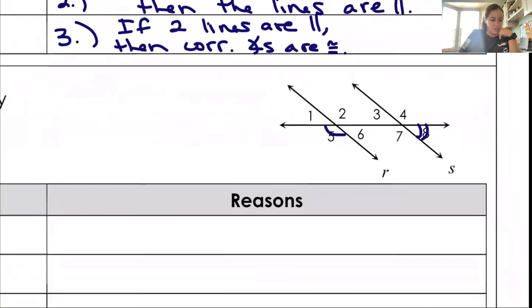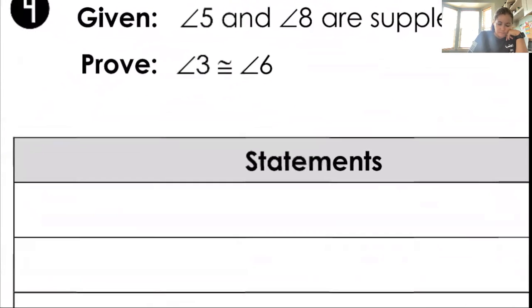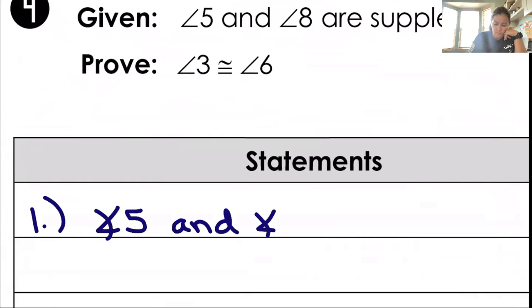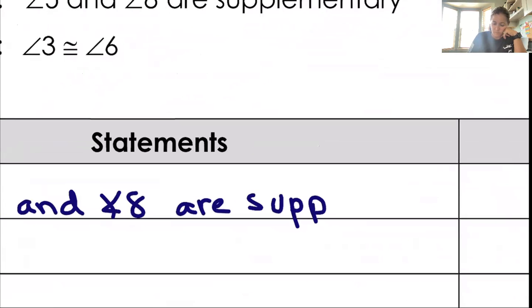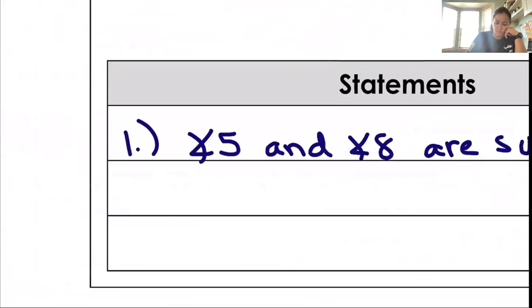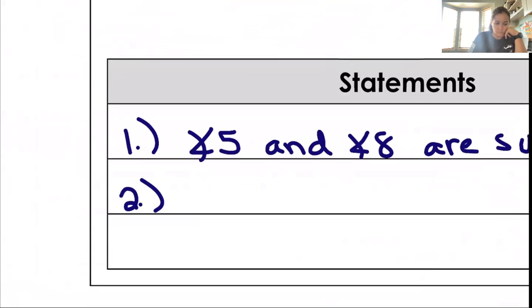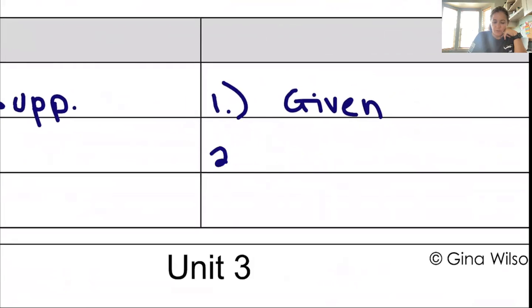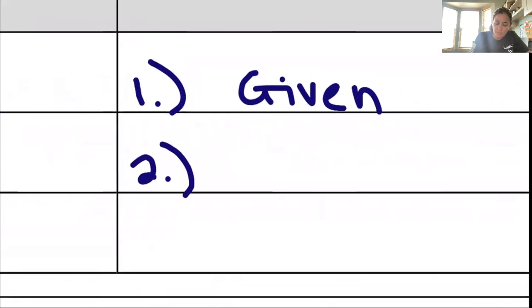So if they are supplementary, then I can say that line R is going to be parallel to line S. And this one would be if consecutive exterior angles are supplementary, then the lines are parallel.